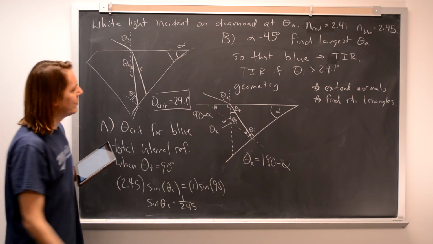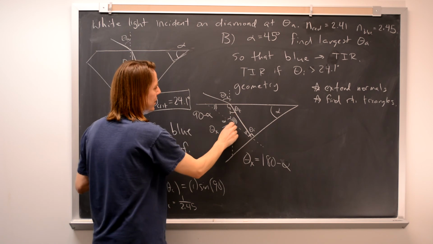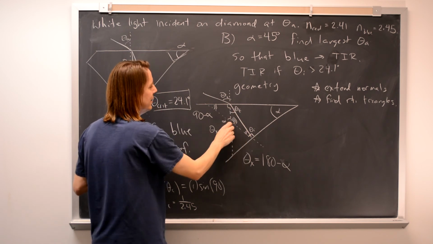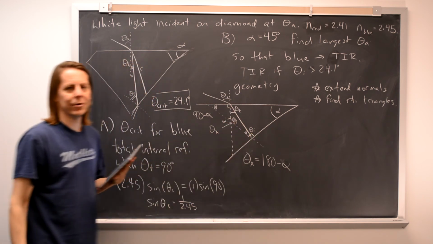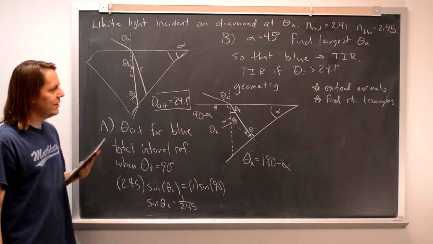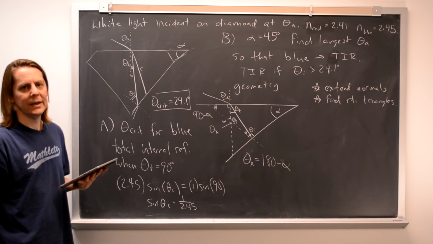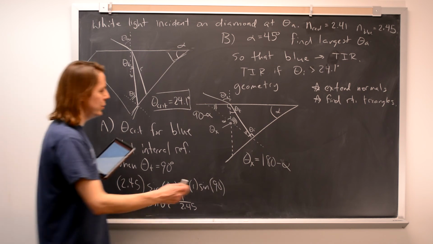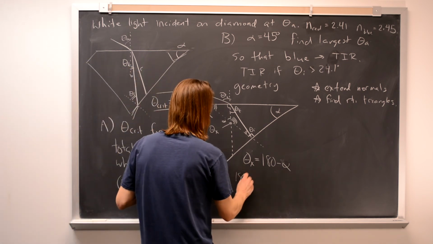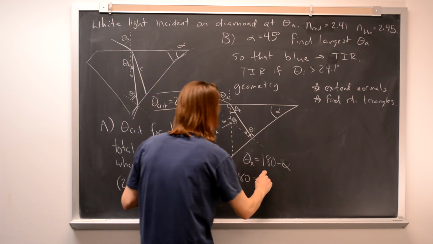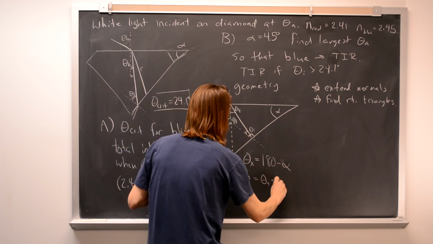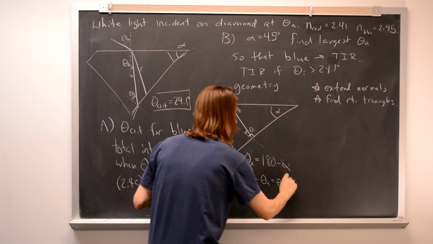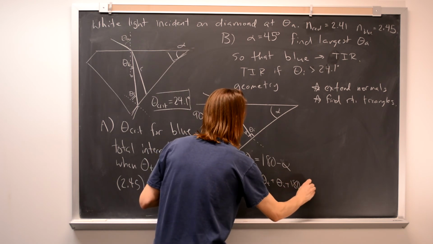Okay, so now we have a triangle right here, the main triangle with theta I and theta t in it, and we know the third angle of that triangle now. And the angles of any triangle add up to 180. It's not just for right triangles, it's for any triangle. So we can say that 180 equals theta t plus theta I plus 180 minus alpha.